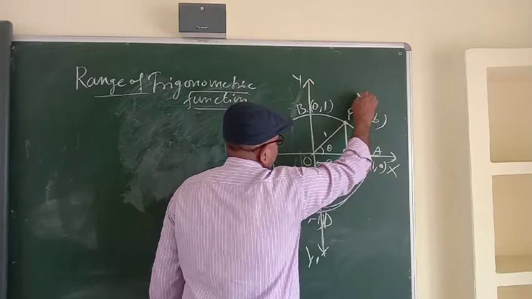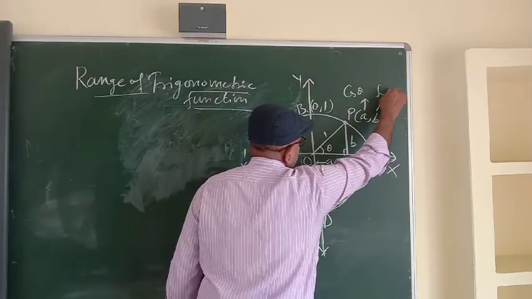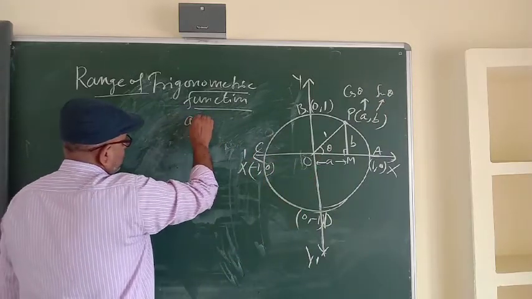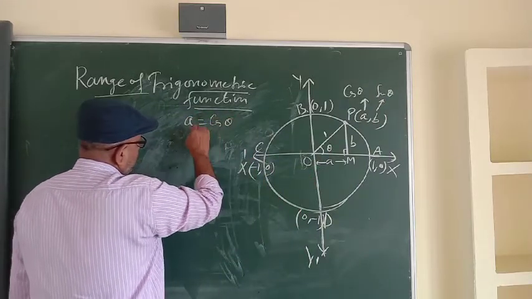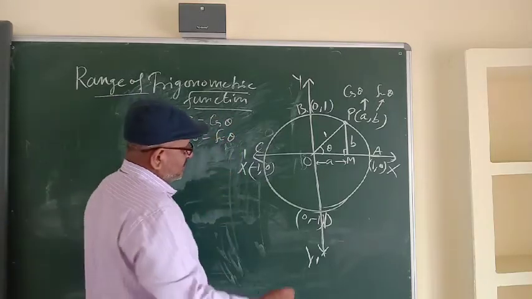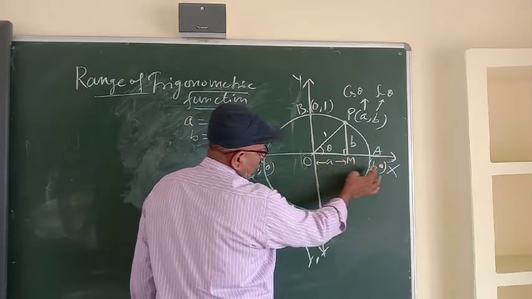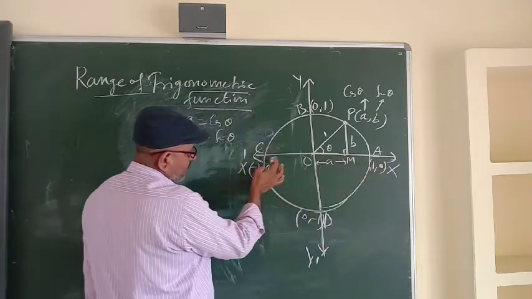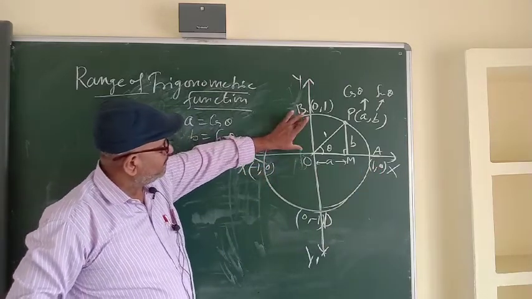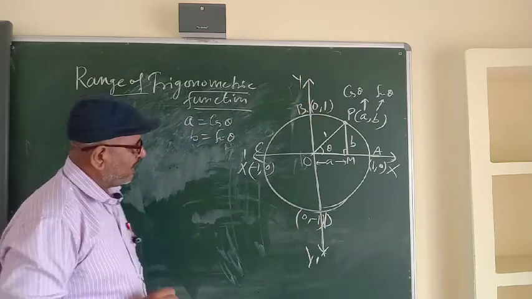So A represents cos theta and B represents sin theta. See, what is the maximum value of A? Maximum value of A is 1 and minimum on the left side is minus 1. Similarly, maximum value of B on the y-axis is plus 1, minimum value is minus 1.